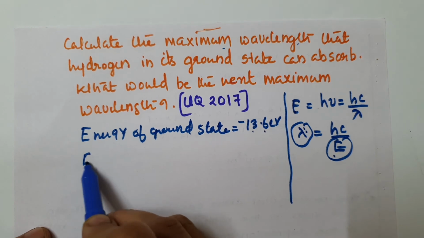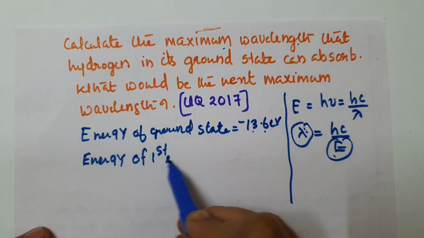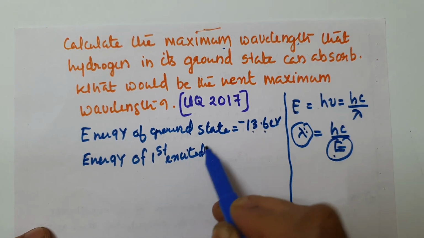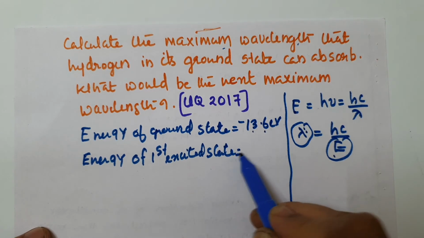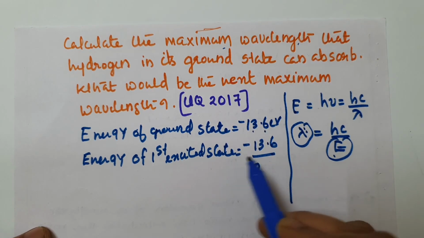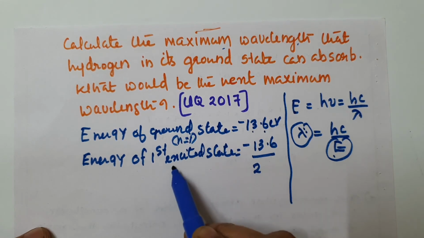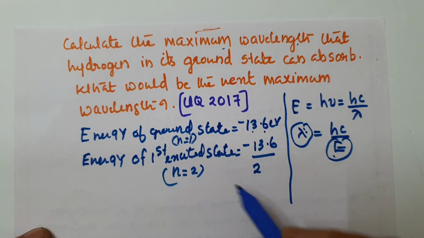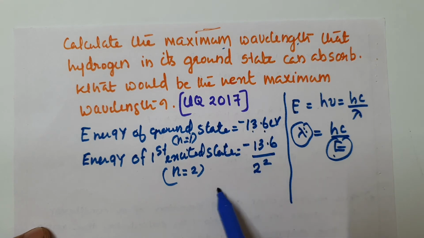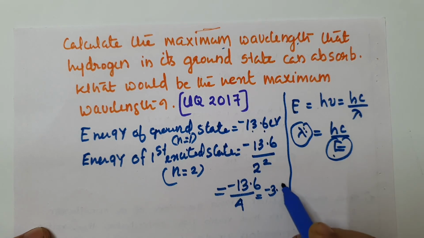And the energy of the first excited state is minus 13.6 by 2 square. That is, for the ground state n is equal to 1, and for the first excited state n is equal to 2. That is minus 13.6 by 4, and that will be minus 3.4 eV.